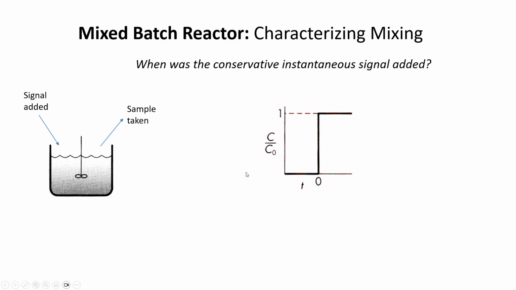If you wanted to graph the concentration over time versus the initial concentration, it would be 0 at first, like there's no concentration, until all of a sudden, instantaneously, it's going to go up to 1, meaning that the concentration at a given time is equal to the initial concentration.